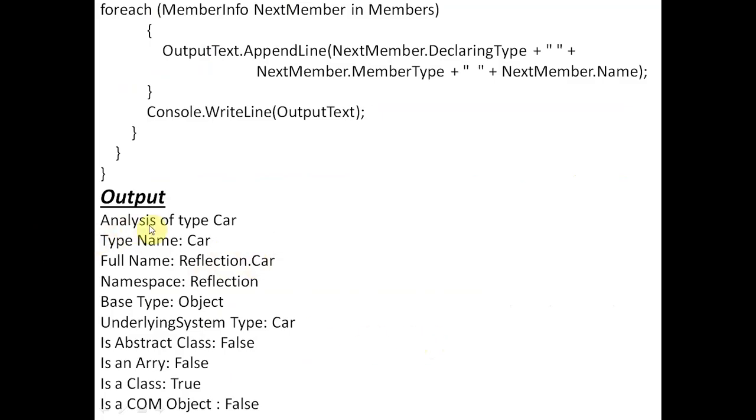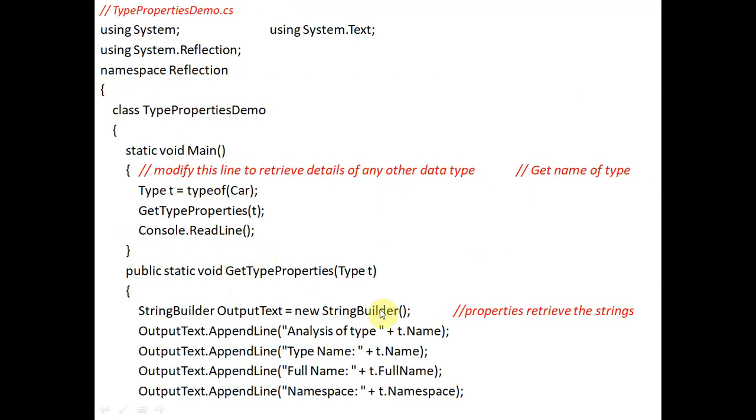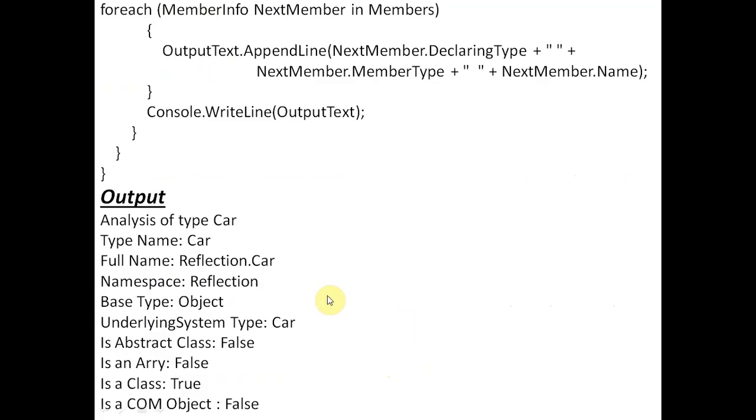You can see Analysis of type Car; at the same time I am showing you the output. In the next line we are giving outputText.AppendLine, appending the next line, Type name. Again we are using t.Name. Type name is also Car, so you can see here type name is also Car.